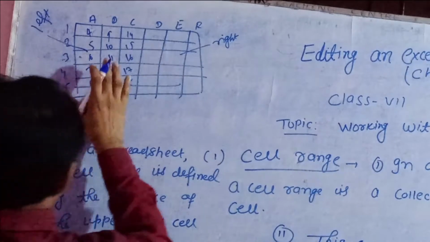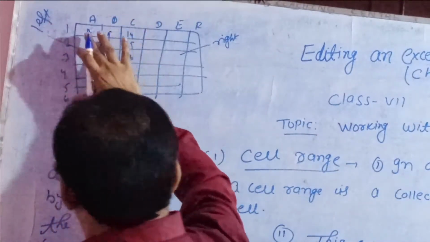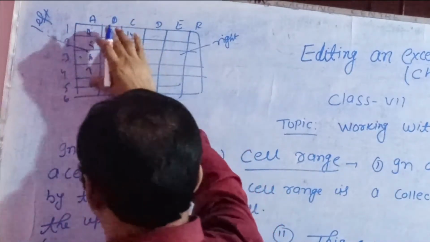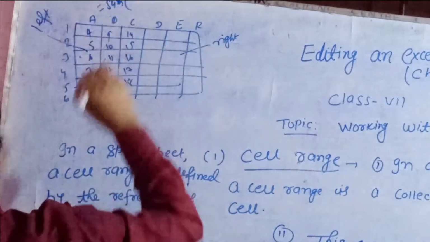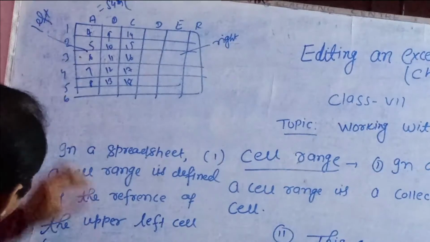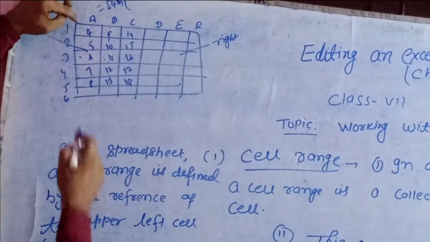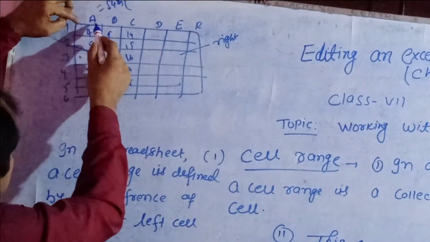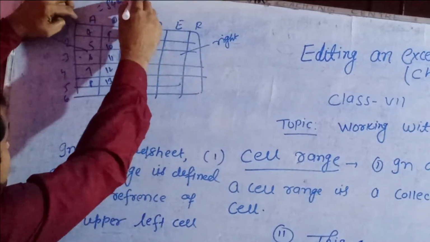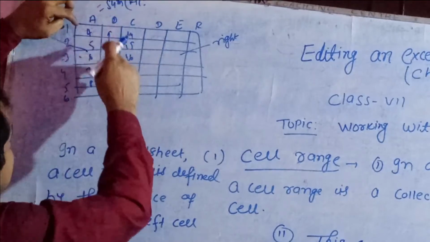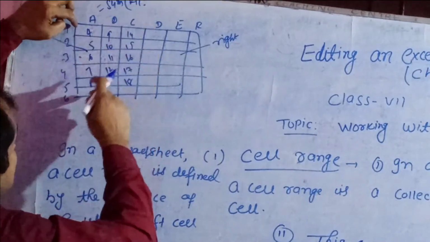Suppose the total cell value equals SUM, open bracket, and I select A1. This is A1 because this is the row and this is the column. A1 to C5.